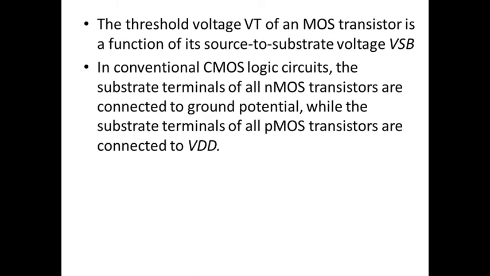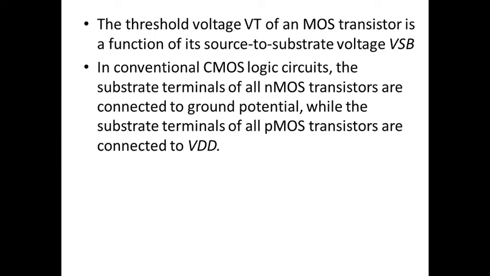The threshold voltage VT of a MOS transistor is a function of the source to substrate voltage, called VSB. In conventional CMOS logic circuits, the substrate terminals of all NMOS transistors are connected to ground potential, while the substrate terminals of all PMOS transistors are connected to VDD.